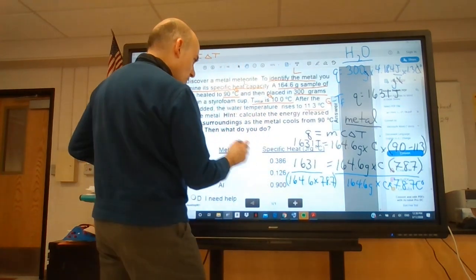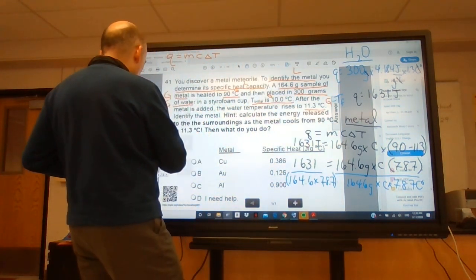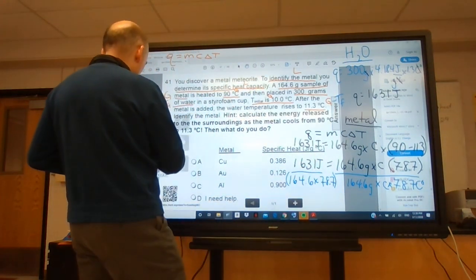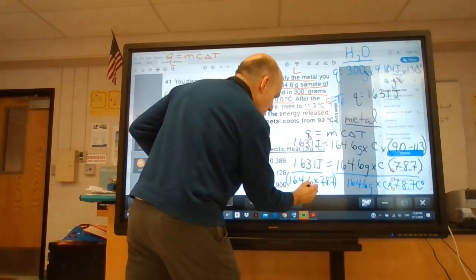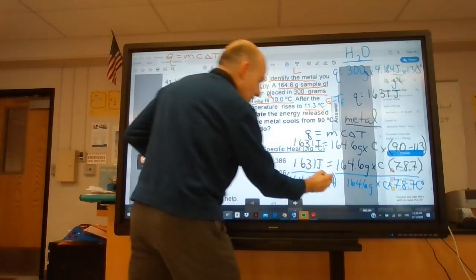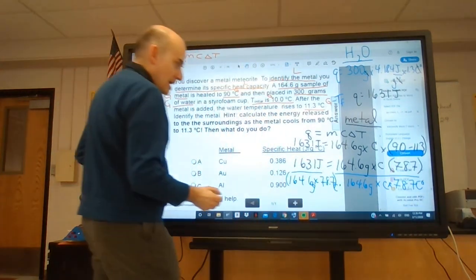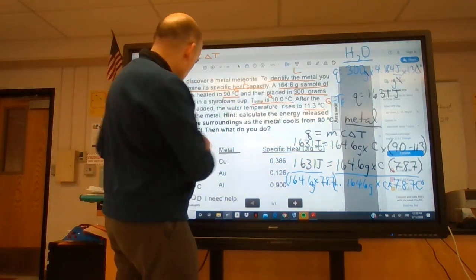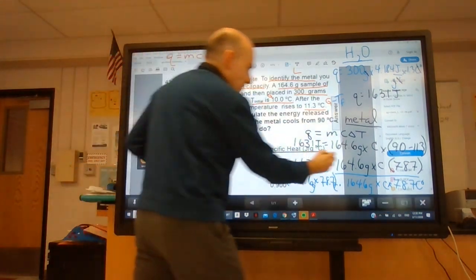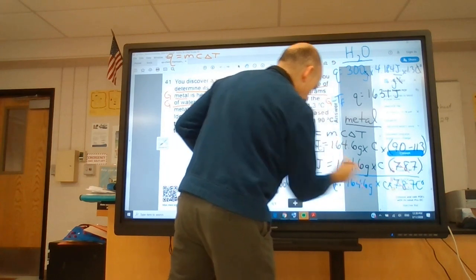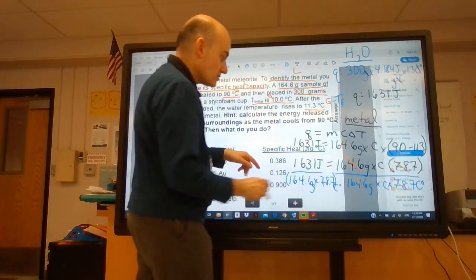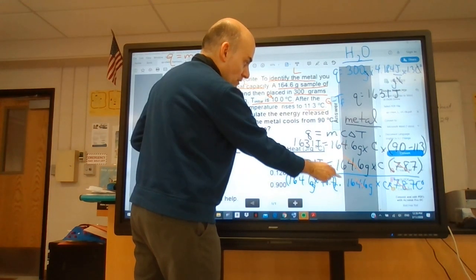We put in all of our units: joules up here, grams, and centigrade degrees. When you put this in your calculator, these of course cancel out, and you end up with the value for C. The units are joules per gram per degree.